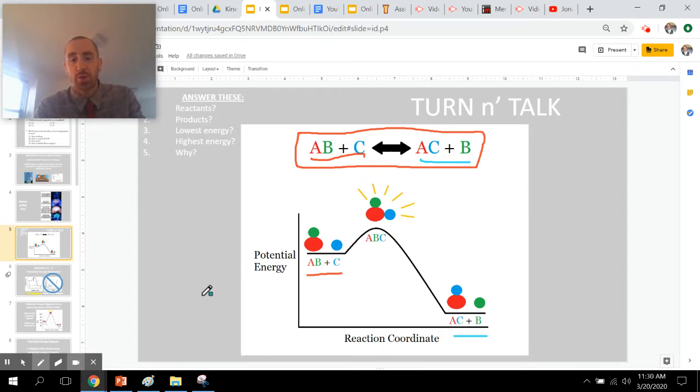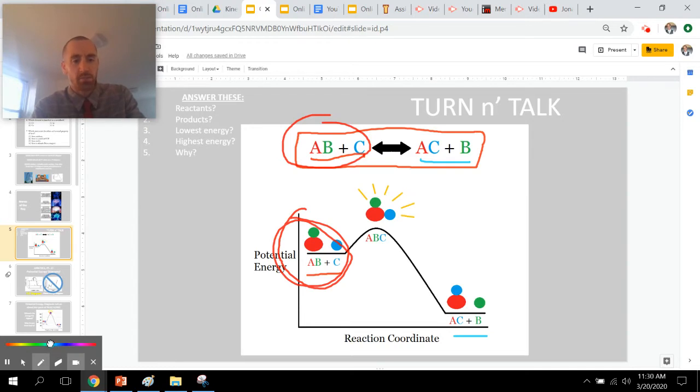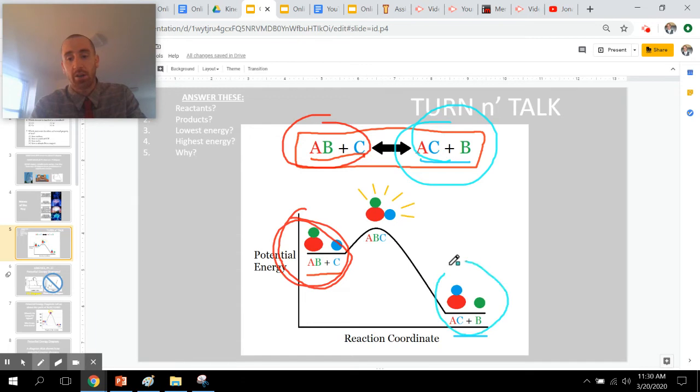So there's a connection between this diagram and what you see in the equation. You should be able to take what you remember from these equations and apply it to this diagram. Where are the reactants? Take a minute, think about it. Well, if these are my reactants in the equation, then these are my reactants over here in this diagram. Where are the products? If these are the products in my equation, then these are the products in my diagram.